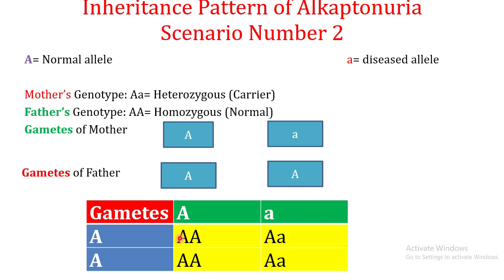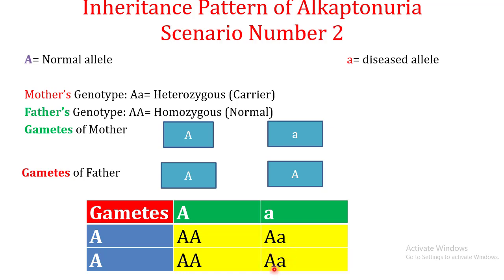When you combine this gamete from the mother to this gamete of the father, you are going to get a carrier. He or she is not going to show the symptom of the disease, but he or she is going to have the capacity to transfer this diseased allele to the next generation. Similarly, if you combine this gamete with this one, you are going to get the normal offspring. And if you combine this gamete with this one, you are going to get the carrier.